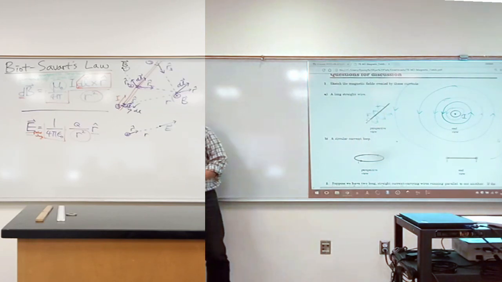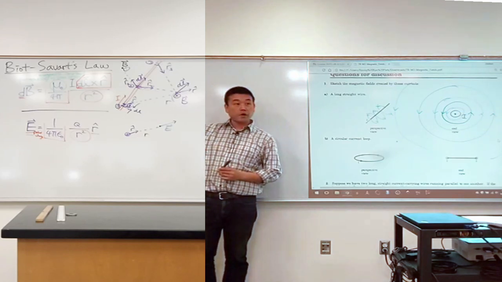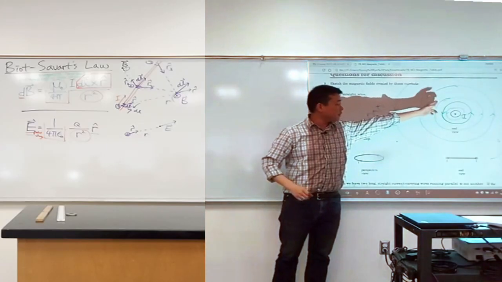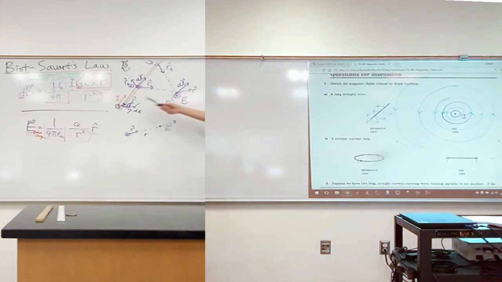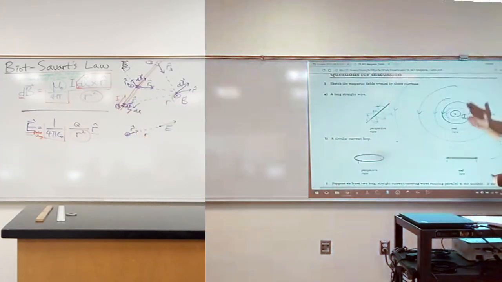This is probably a good point for me to introduce one of the shortcut right-hand rules that I mentioned was coming up. For you to figure out this direction, you had to do this cross product, right? You had to figure out, okay, dL is coming out of the board. So look at this point. Then this is my r hat. So dL cross r hat, it's pointed downward.